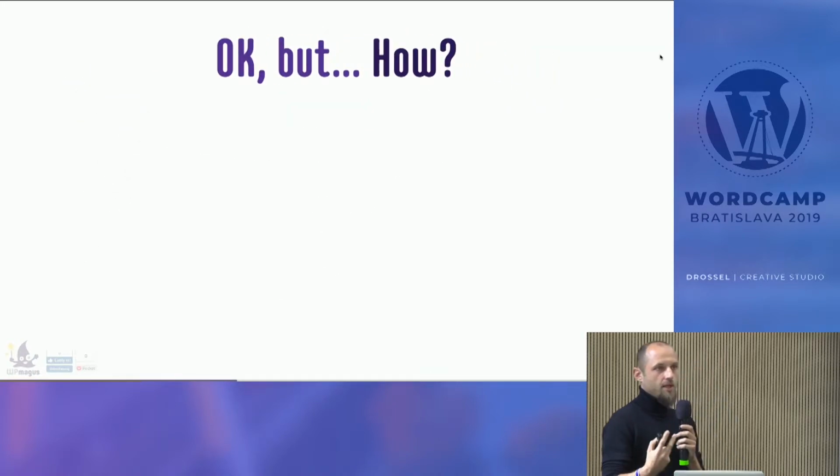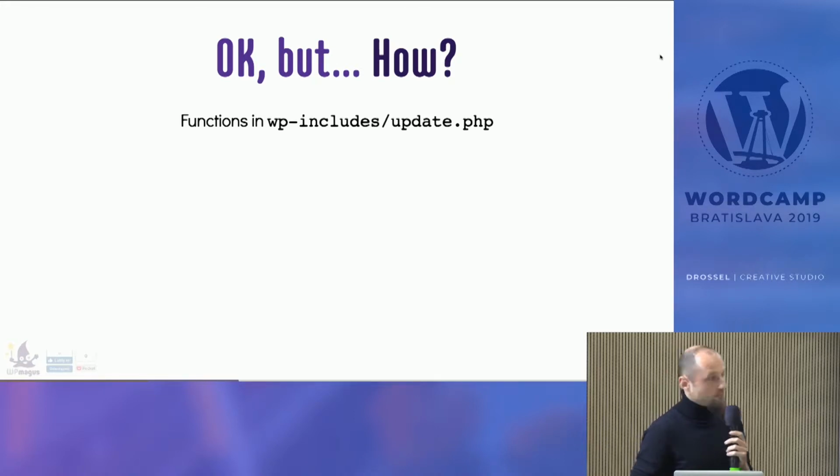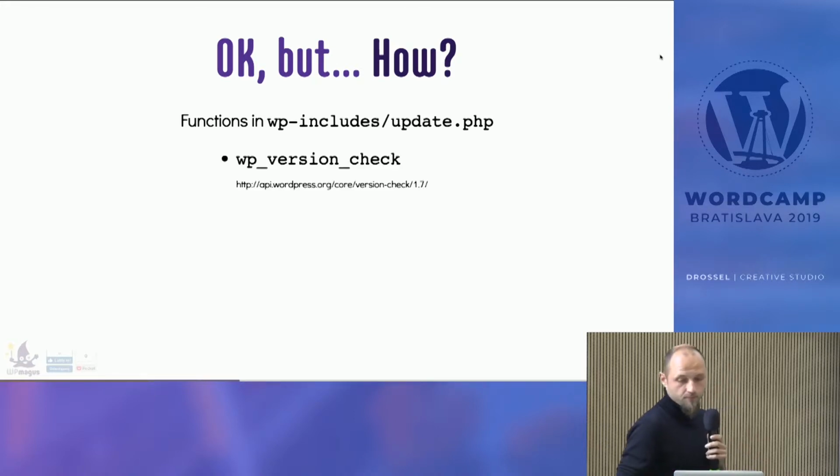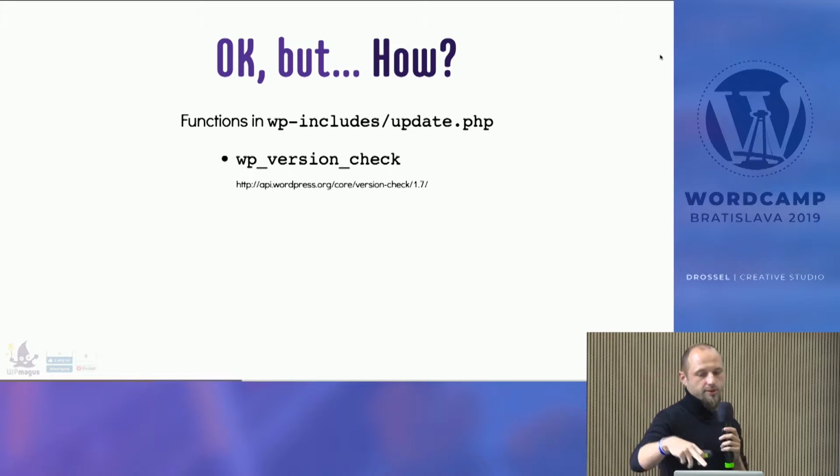And what next, right? So there are 3 functions in wp-includes/update.php, right? The first function is wp_version_check.